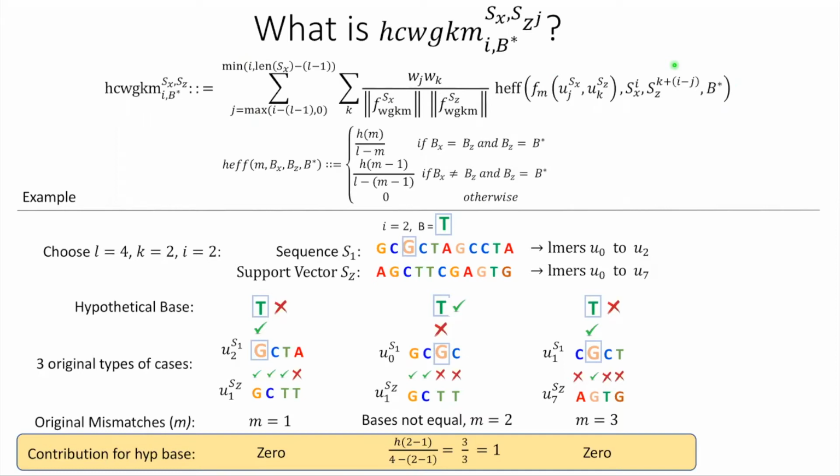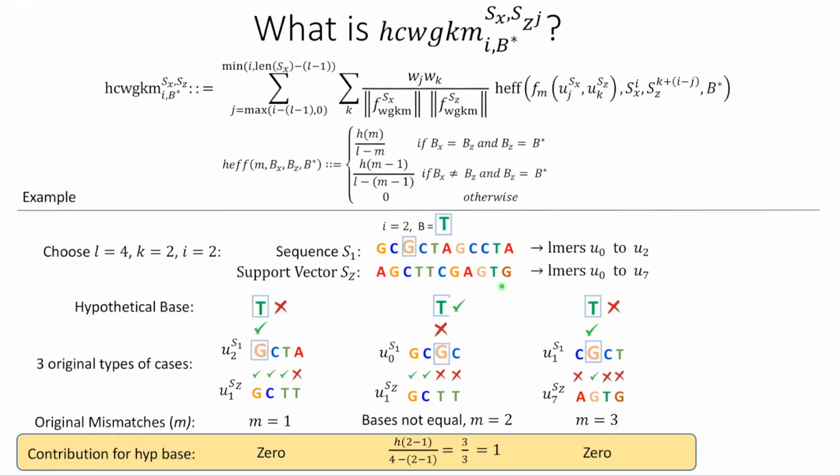So here, the only real difference from the CW-GKM calculation is that when a pair of kmers is considered, then the attribution must be done for the hypothetical base B, not the actual base that was considered in the CW-GKM calculation. Again, this is best illustrated by an example.